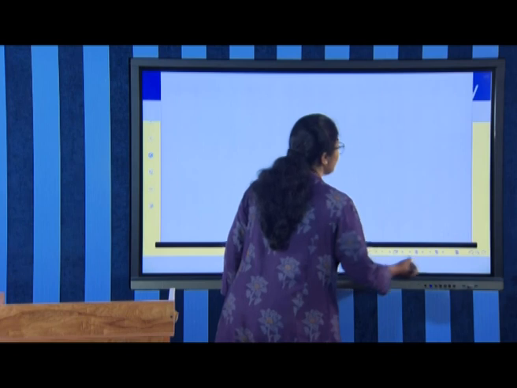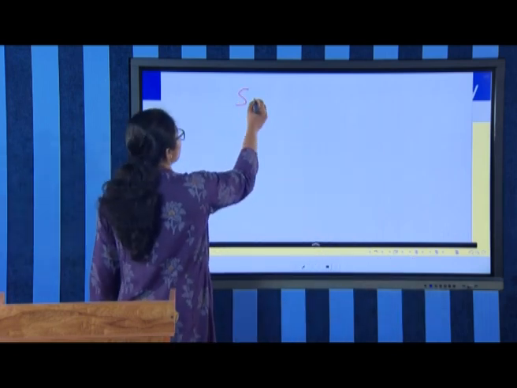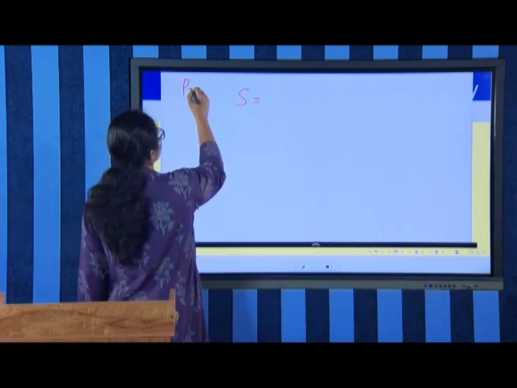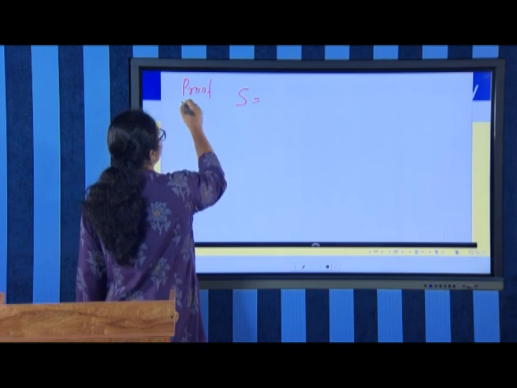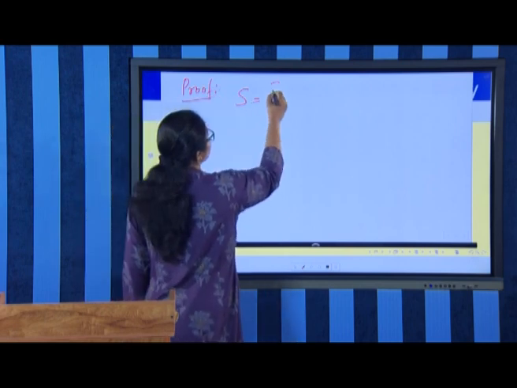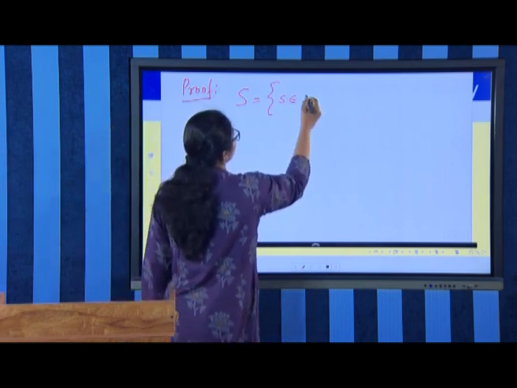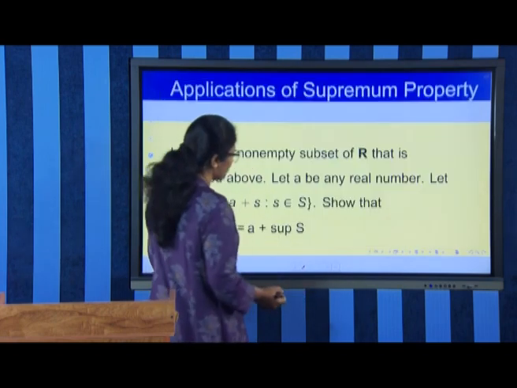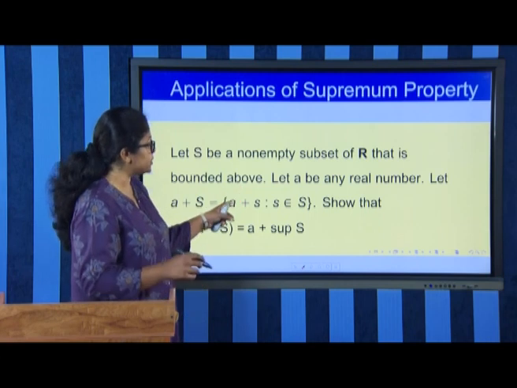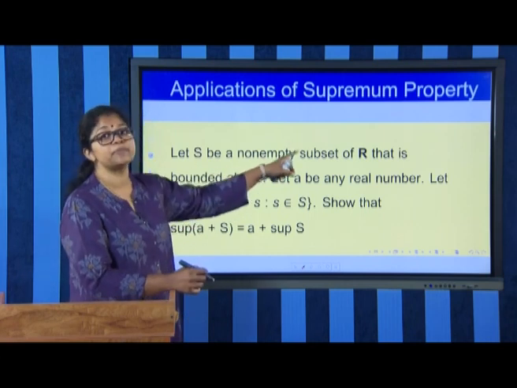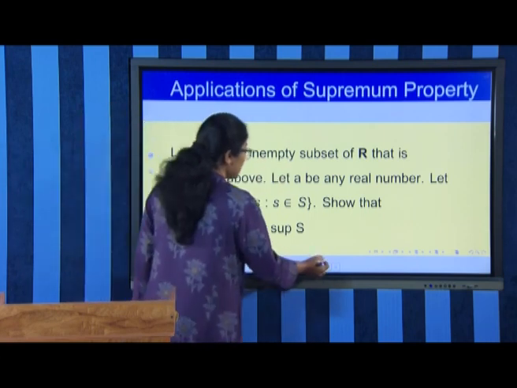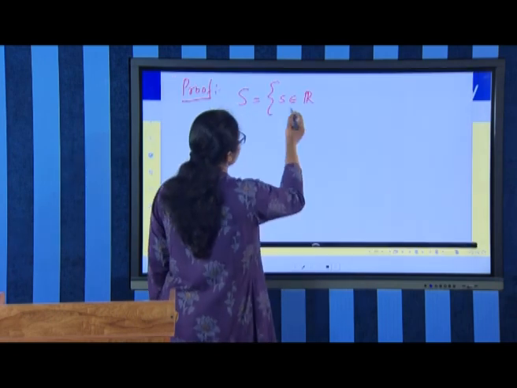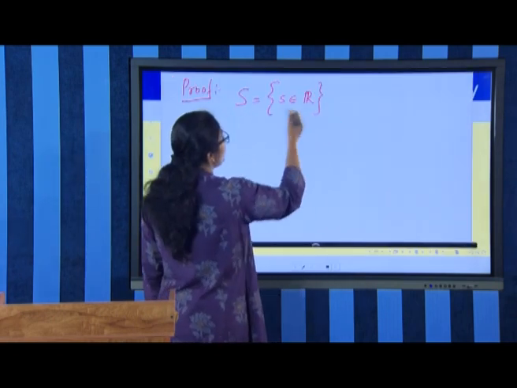Proof of the application of the supremum property. We are given S is a non-empty subset of R. So, we have the set S as a set of elements in R itself.